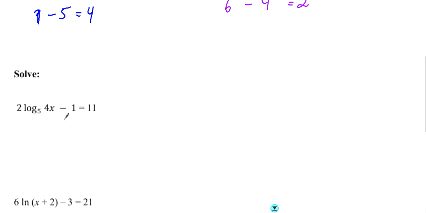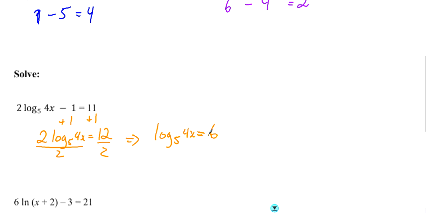Before I get started, I'm going to add 1 to both sides. So I get 2 log base 5 of 4x equals 12. Then I want to get rid of this 2, so I divide both sides by 2, and I get log base 5 of 4x equals 6.